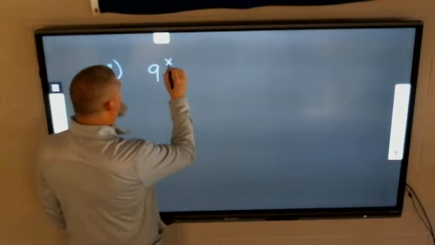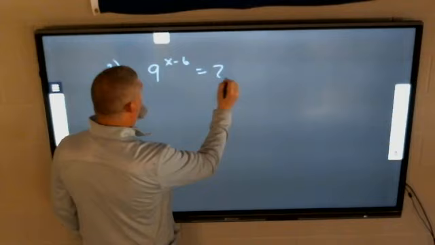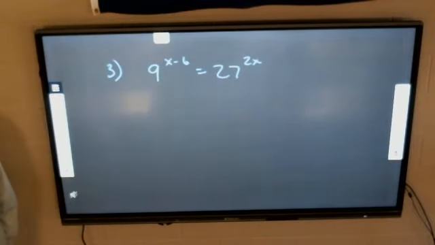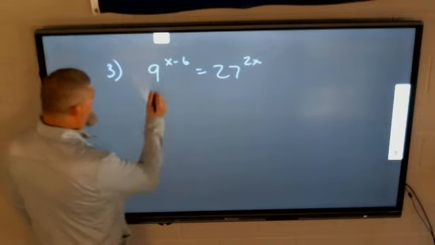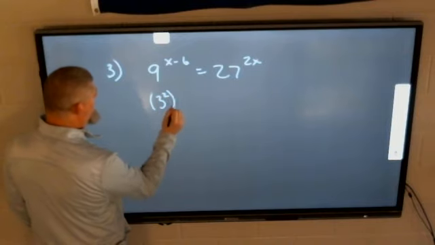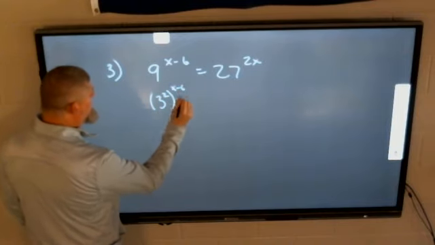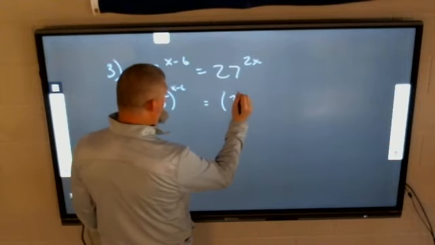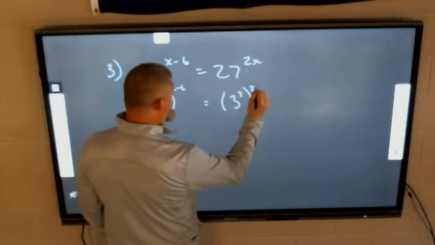So if you didn't hear Terry, that's exactly what I'm gonna do. 9 is gonna become 3 squared to the x minus 6. And 27 is gonna become 3 cubed to the 2x.